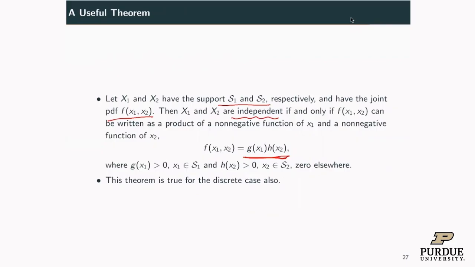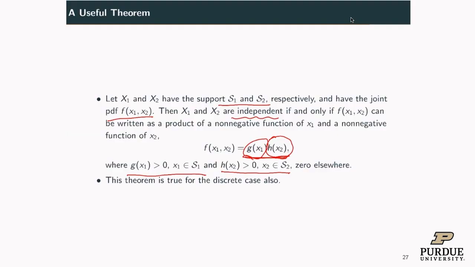You can separate these two functions: one function is only a function of x1, another function is only a function of x2. Here g(x1) is greater than 0 when x1 is in the support of x1, and h(x2) is greater than 0 when x2 is in the support of x2.